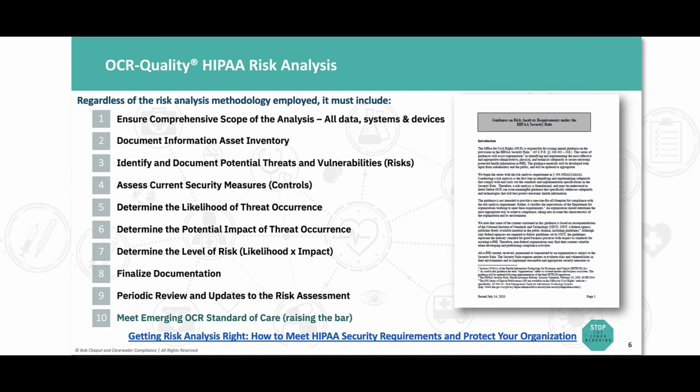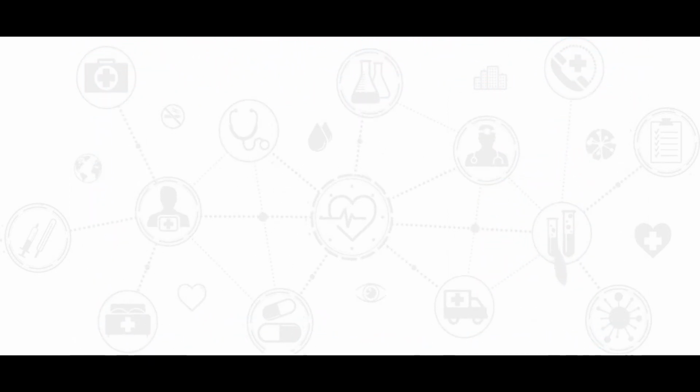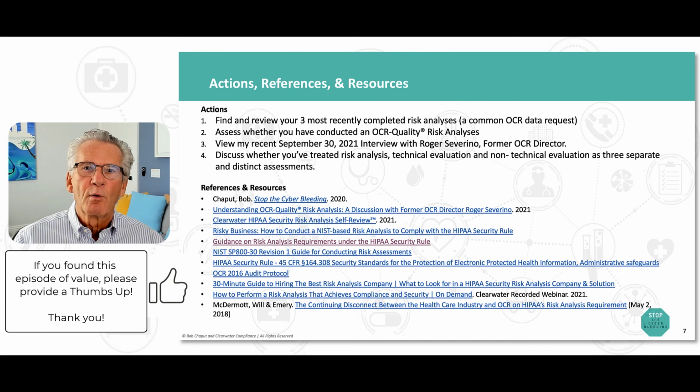So I would encourage you to review the guidance that OCR has published, as well as several of the other references and resources provided to help you conduct an OCR quality risk analysis. What I covered in this episode was an overview of an OCR quality risk analysis, lots of material, and one of our longer sessions. We covered 3 key things.